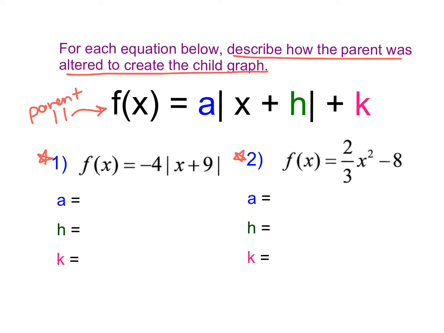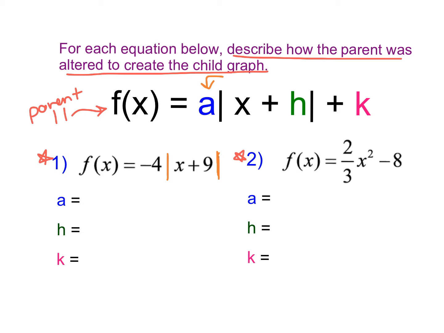So here in the first problem, we have f of x equals -4 absolute value of x plus 9. So I can see that the absolute value parent function is going to be modified to create this particular child graph because it has the absolute value function in the equation. Now I need to identify my a, h, and k values. Well, a is always out in front of the function, in front of the entire absolute value.